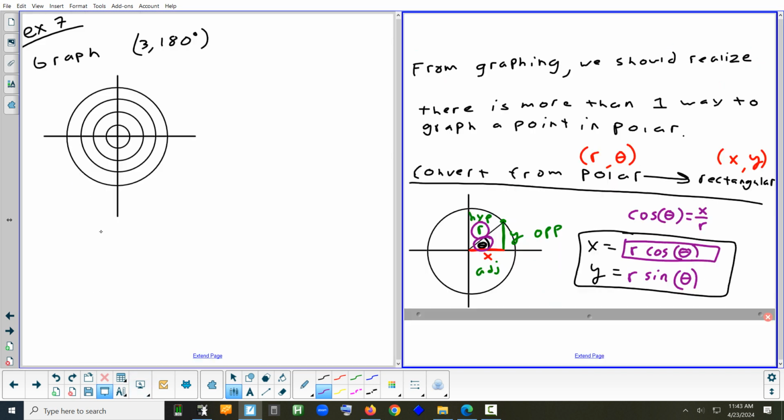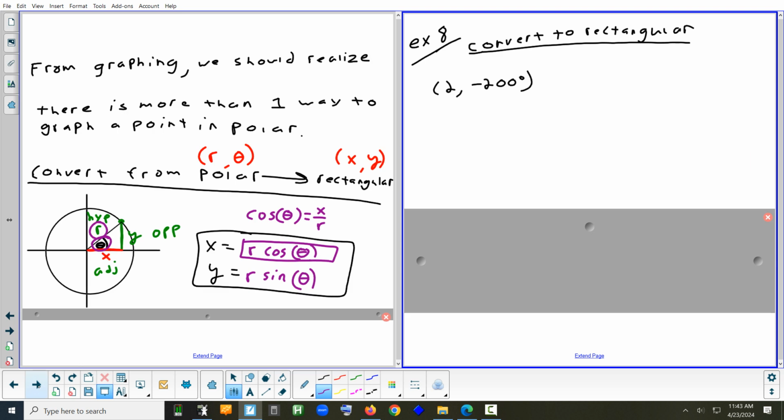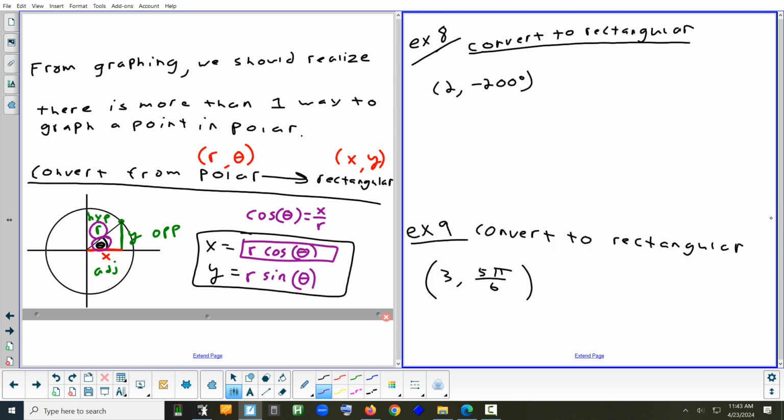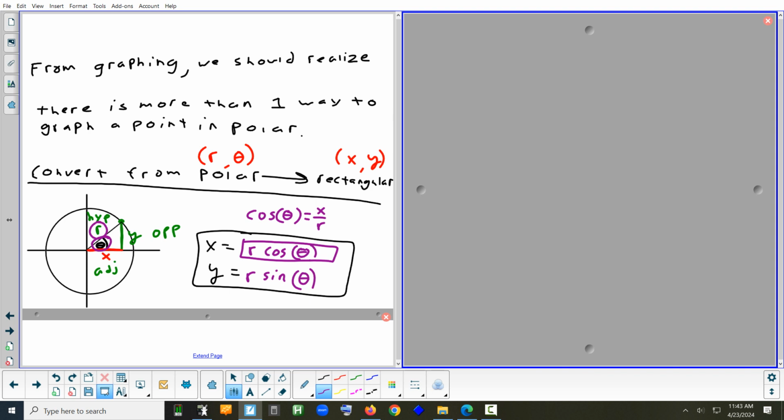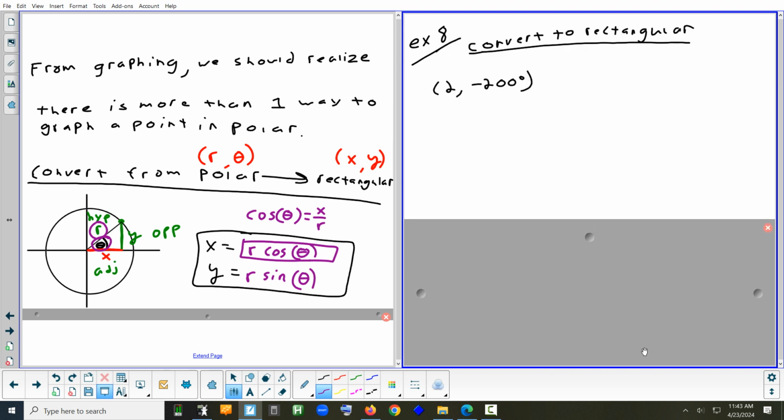Let's try an example. So we've got the point 2, negative 200. Okay, what's going to be my formula for the x value?